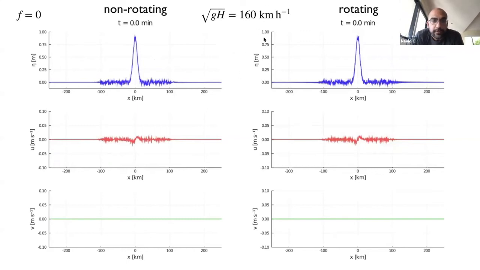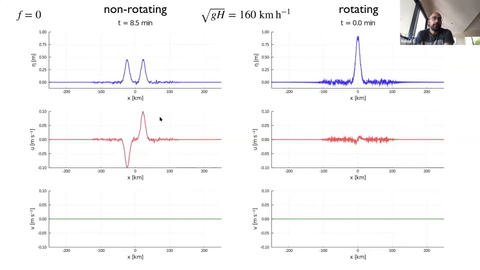Ah, okay. So if you go through the math, you can predict that the wave speed that these equations admit for this setup is 160 kilometers per hour. So you expect that this wave will reach 100 kilometers in more or less 40 minutes.